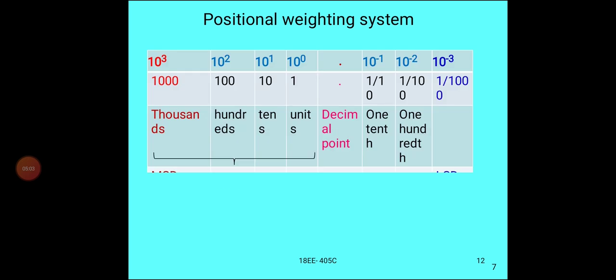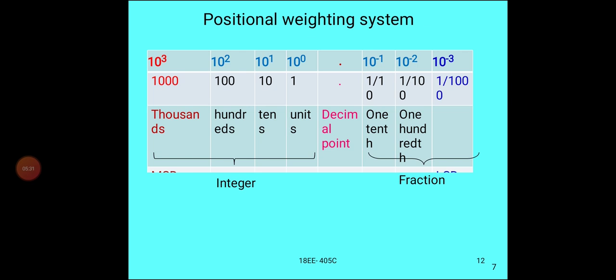Positional weightage system. The integer positions have values 10 to the power 0, 10 to the power 1, 10 to the power 2, 10 to the power 3. On the right side of the decimal point, 10 to the minus 1, 10 to the minus 2, 10 to the minus 3. Its corresponding units are units, tens, hundreds, thousands.